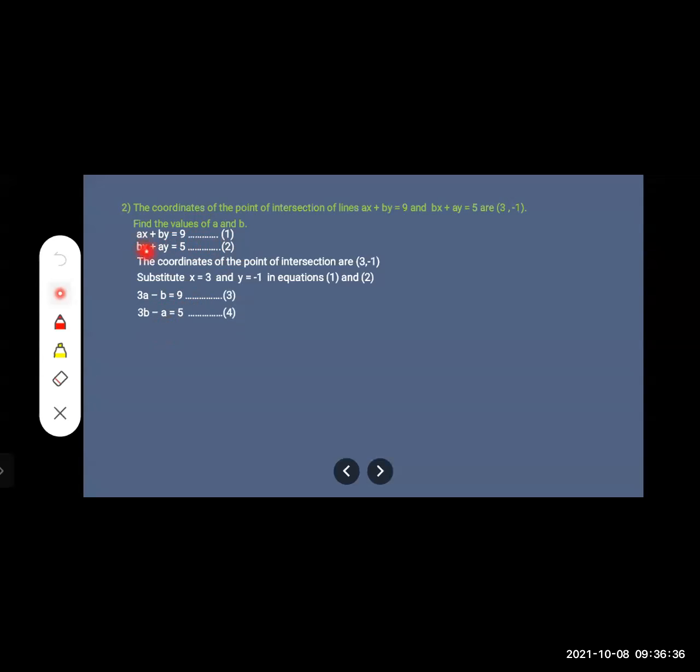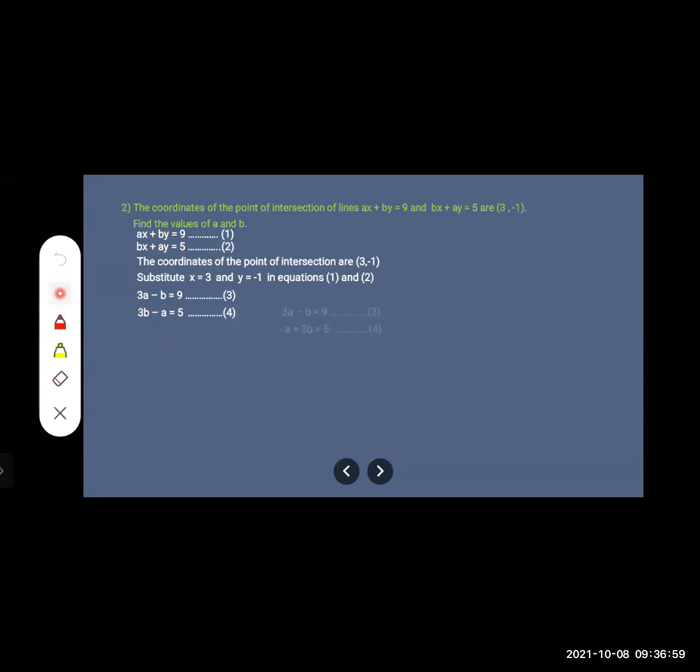See, this 3, when I substitute here, x here, no? X when you substitute here, you will get 3b. And here -1 is there, no, children? So here -1 comes, means it becomes -a. Now you see here a is there, here b, but here b is there. I want this a over here.